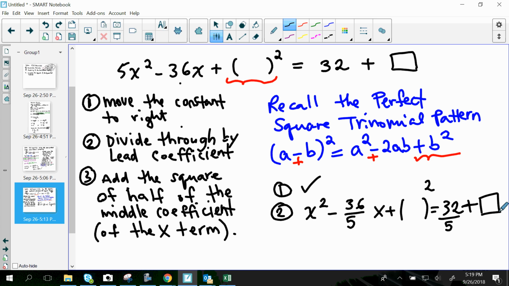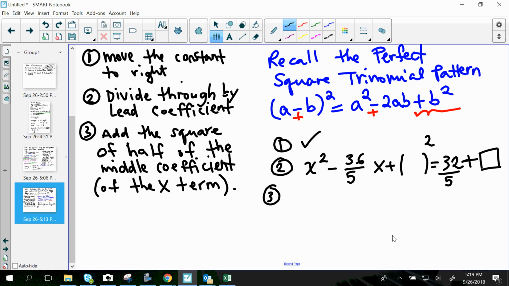Okay, so we've done step 2. Now we're doing step 3. We're going to add the square of half that middle term. So we can rewrite the first term, we can rewrite the second term, and then inside our quantity here, let me just write everything out again.